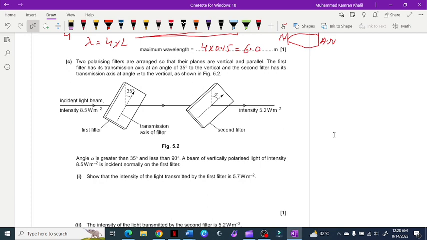So what is the total angle rotated when the light passes through the second filter? Now what we will do, the input is this but we do not have output for this, and this output will become the input for the second polarizer.